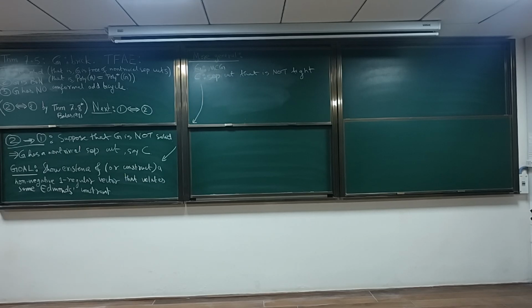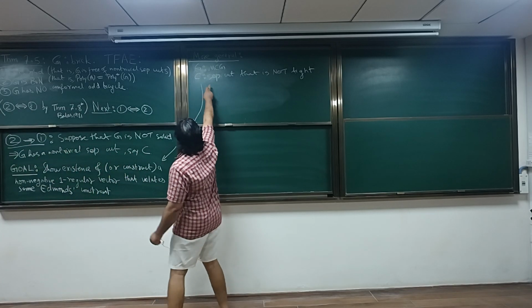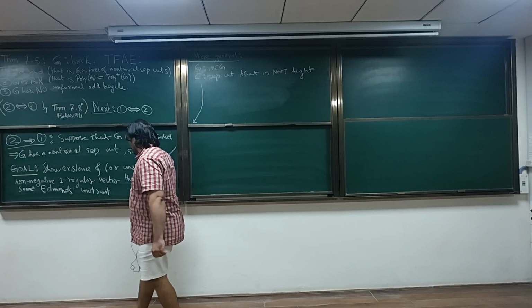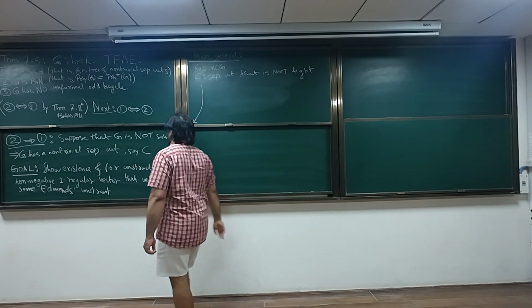So in this more general case we will construct a non-negative one regular vector that violates some Edmonds constraints.